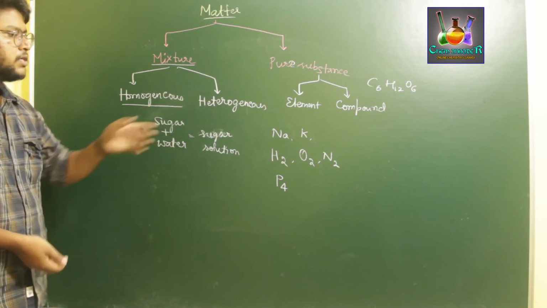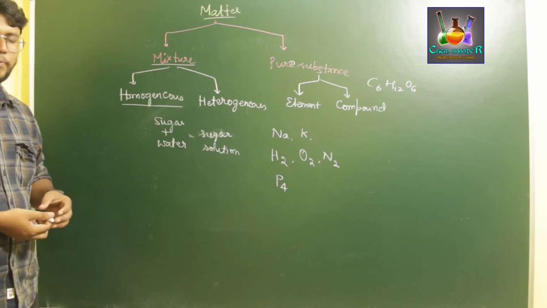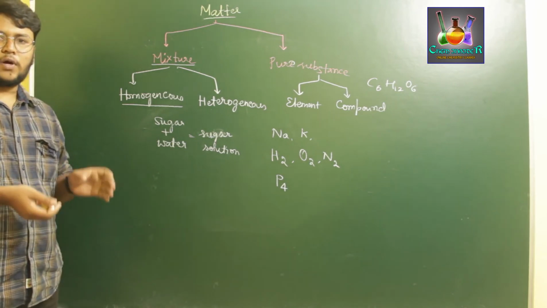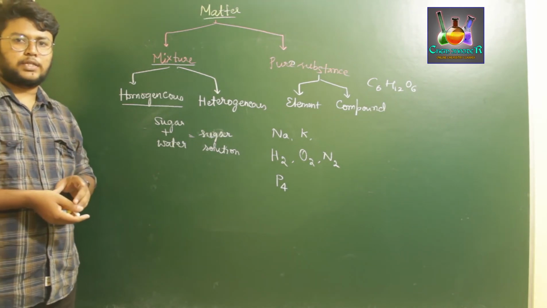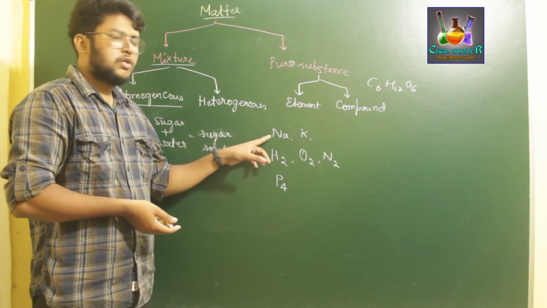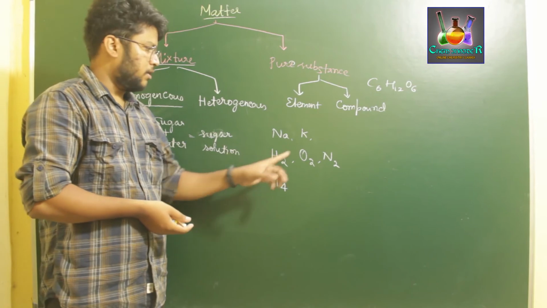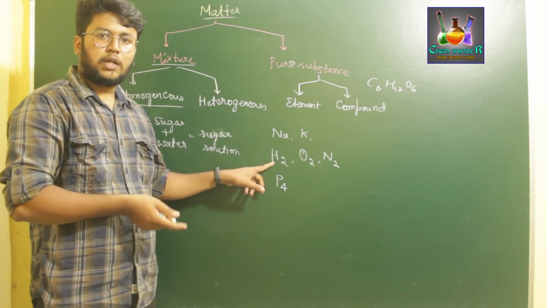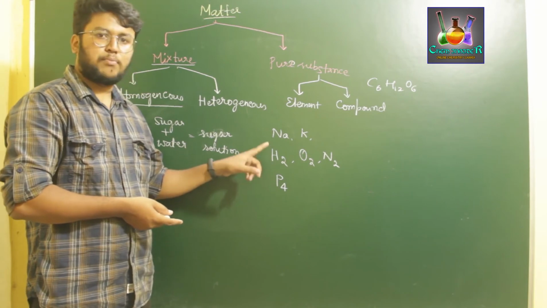So what are H2, O2, N2 and P4? If a substance is found only in its monoatomic stage, it is an atom of an element, like sodium: this is a sodium atom of the sodium element. This is a potassium atom. Whereas this is not an atom, but a molecule.